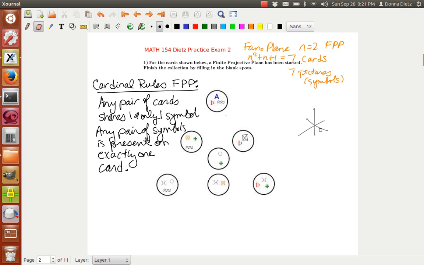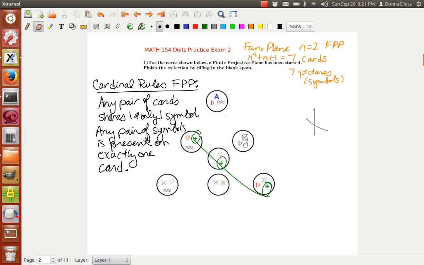Now let's look at the other 3 lines. Okay, what about this one? We have a little circle here and a little circle here, but no little circle over here, so we draw one in. This now takes care of that line. And now what about this line over here? This line is okay because we've got 3 in a row.